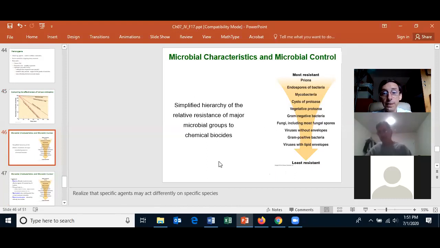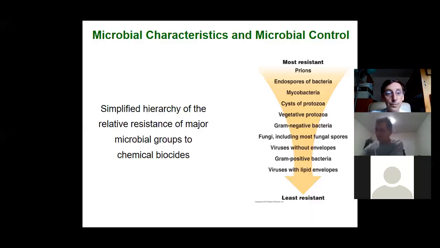Microbial characteristics and microbial growth. This is a simple hierarchy showing you the relative resistance of major microbial groups to chemical biocides in general, meaning not specifically to all chemical disinfectants, but in general.